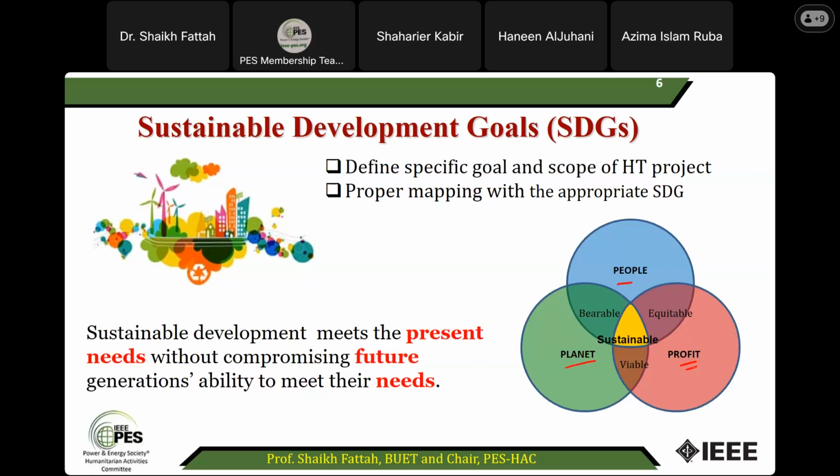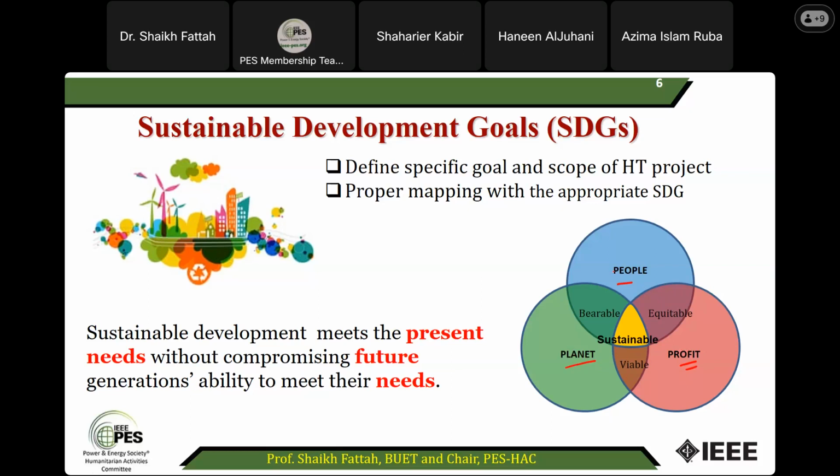It's not true. For the sustainability of the project, you have to have some revenue so that it can be used for maintenance and capacity building. Somehow you have to have some balance. Maybe the word profit is not appropriate, but it's profit in the sense that you have to earn some revenue so that you can maintain the future activities of the project.